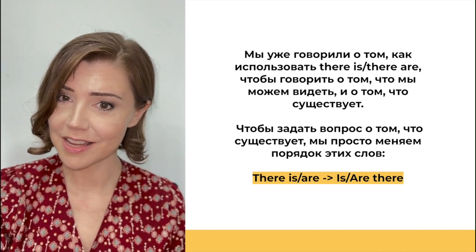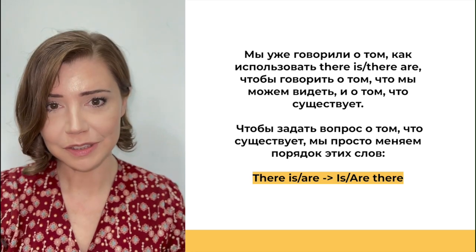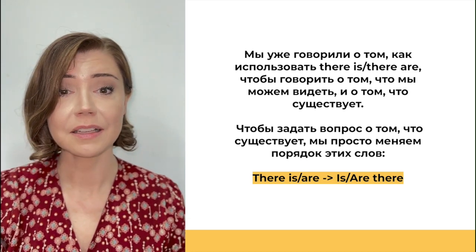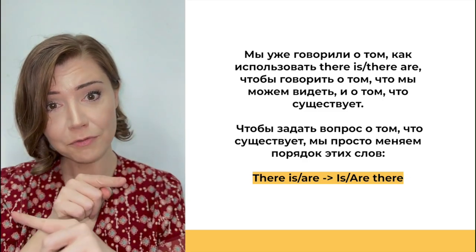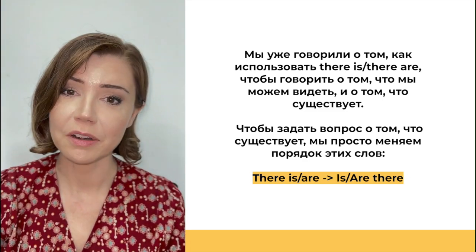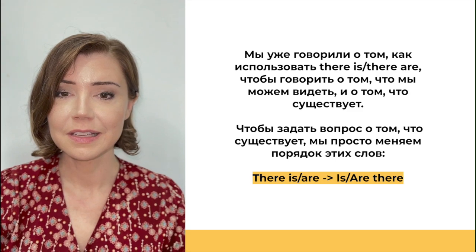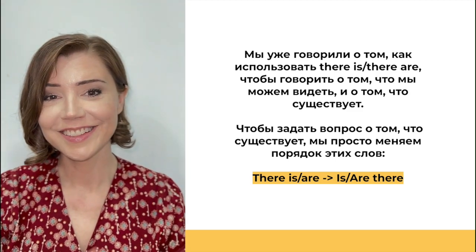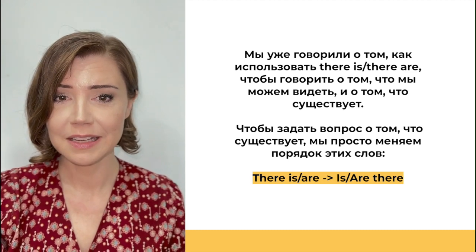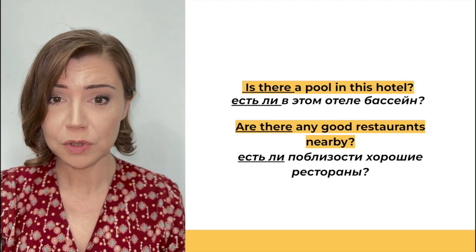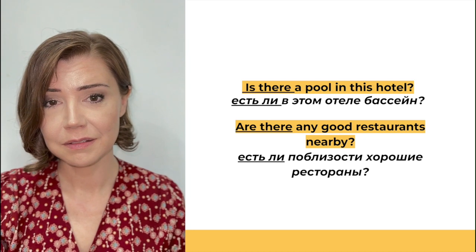There is is singular and there are is plural. To ask a question about what exists, we simply invert, or change the order of, these words. Is there? Are there? For example, you could ask, is there a pool in this hotel?